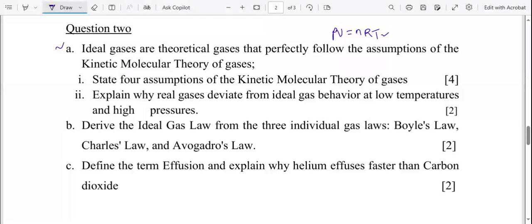There are four assumptions. The first assumption is that gas particles move randomly. We know this. Then the second assumption is about the volume of these particles.